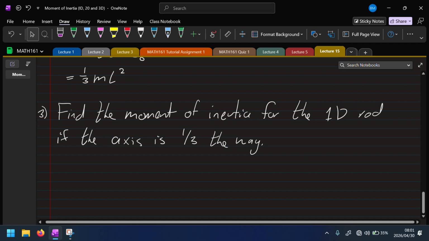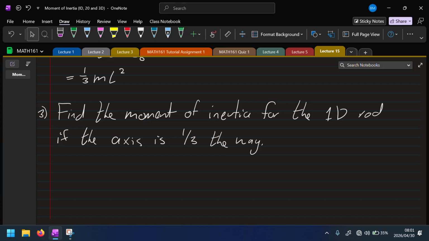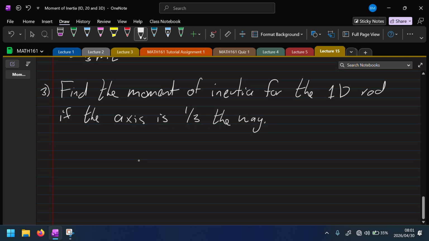Okay, so we looked at the axis halfway, we looked at the axis all the way at the end. Now what happens when it's 1/3? So we'll draw a little picture. Okay, so we had the axis at the start there, we had the axis in the middle. Now what happens if it's somewhere in between?